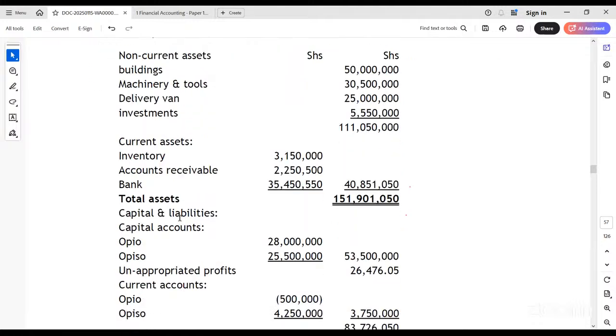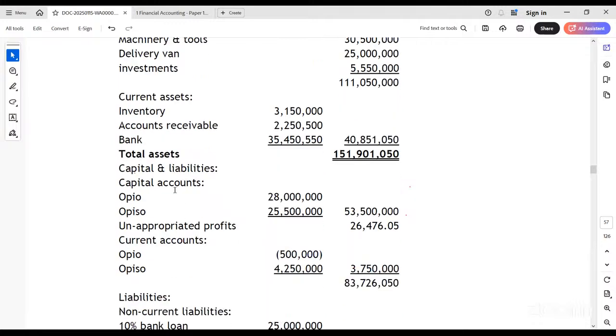Then now we have capital and liabilities. You see they have capital accounts, they have unappropriated profits, then they also have some current accounts, and you see Opiso has a negative current account.